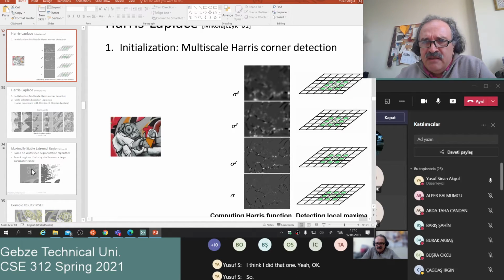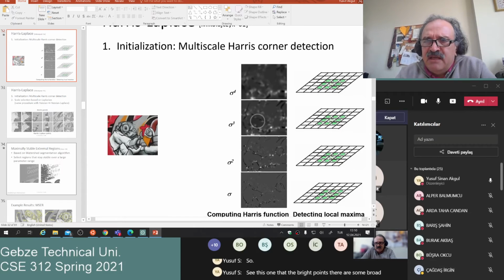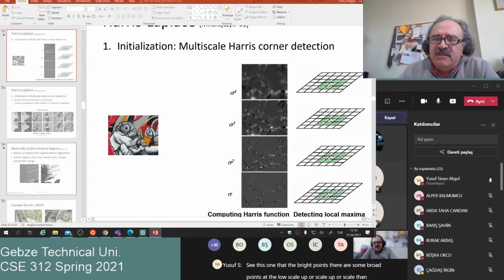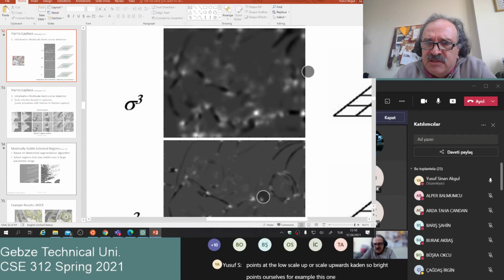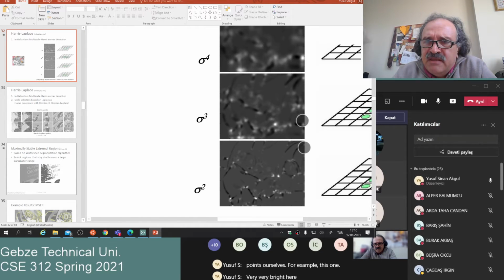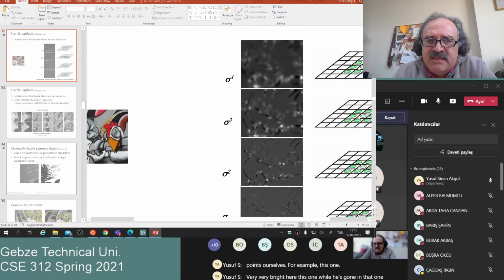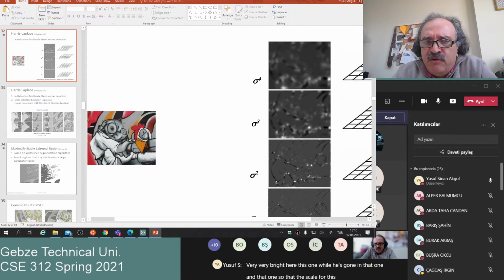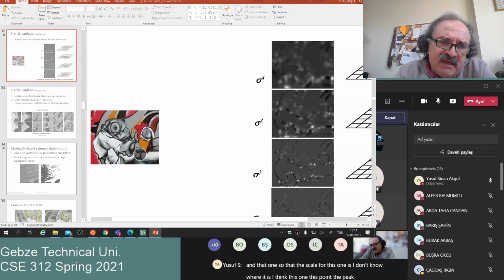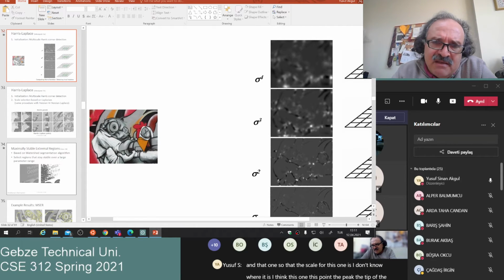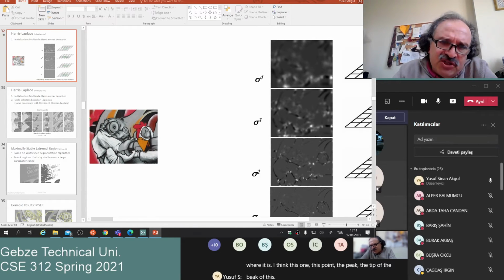See this one, the bright points. There are some bright points at the low scale and upper scale. For example, this one is very, very bright here, but it is gone in that one and that one. So the scale for this one is, I think, this point, the tip of the beak of this chicken-like creature.